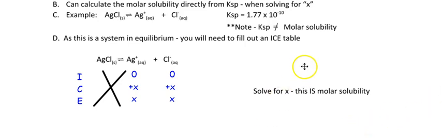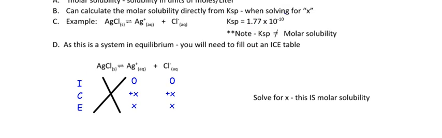Now, what could I do at this point? If they asked me for molar solubility, could I solve for it? I sure could, all right? Because here's my Ksp value, and then I would set it up, okay? So watch this. They gave you the Ksp, so I'm going to set my law of mass action. Ksp is equal to the concentration of the silver ion times the concentration of the chloride ion.